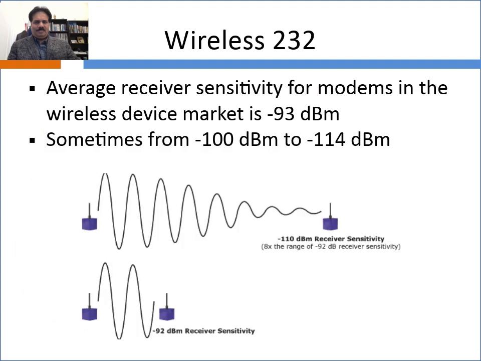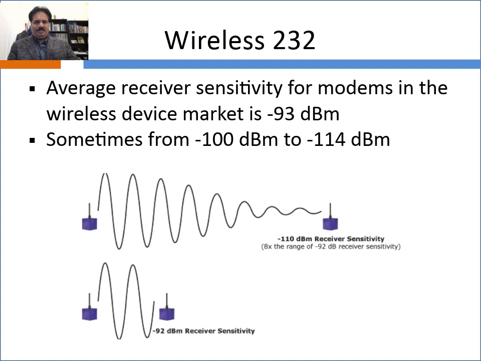In this slide, I have included some important information with regard to the wireless 232 standard. You can see those two pictures. It's all about the sensitivity of the modem. For example, here is the DCE on the left hand side and the DCE on the right hand side, and the first image shows that the distance is higher than in the second image.